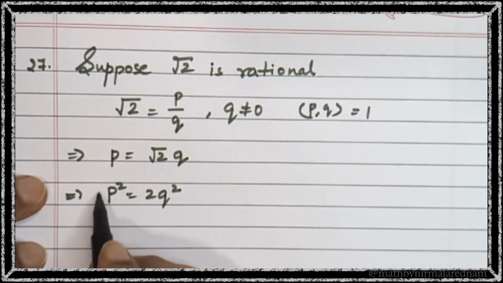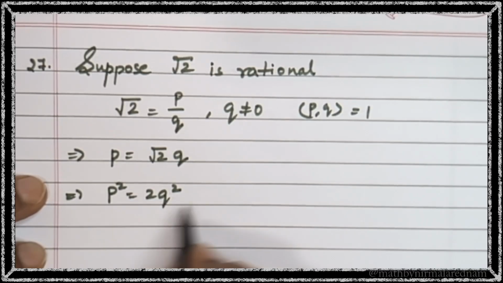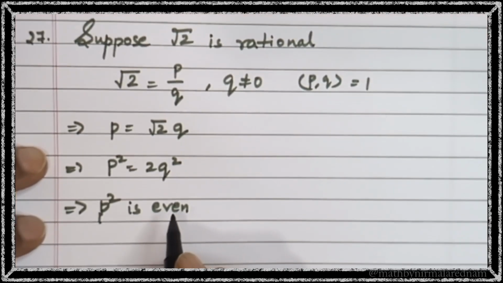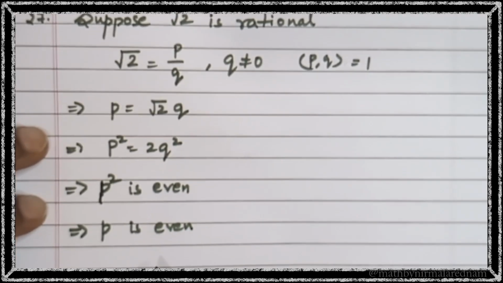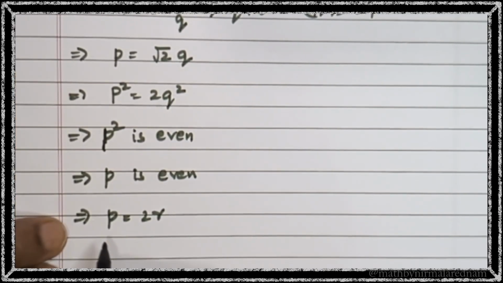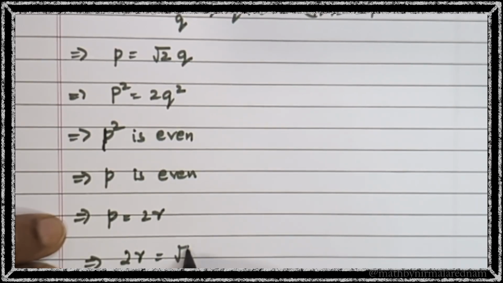Now, because this entity here is 2 times something, I can say that p square is even. If the square of a number is even, then definitely p is also even. If p is even, then I can write p as 2 times r, which is equal to root 2 q.